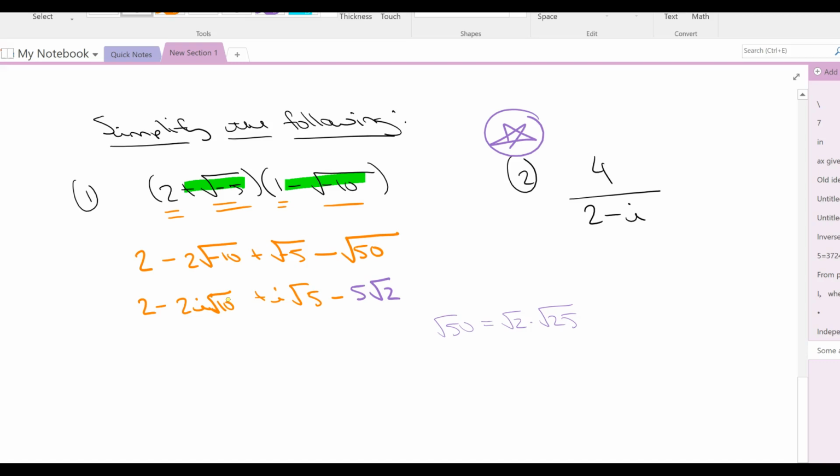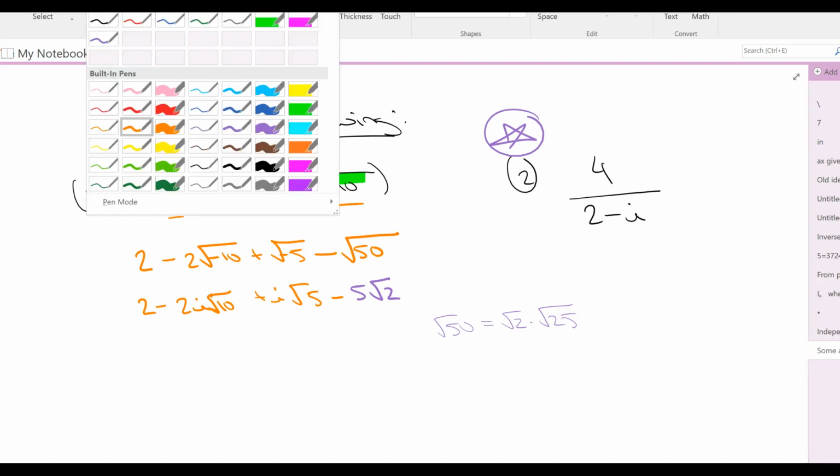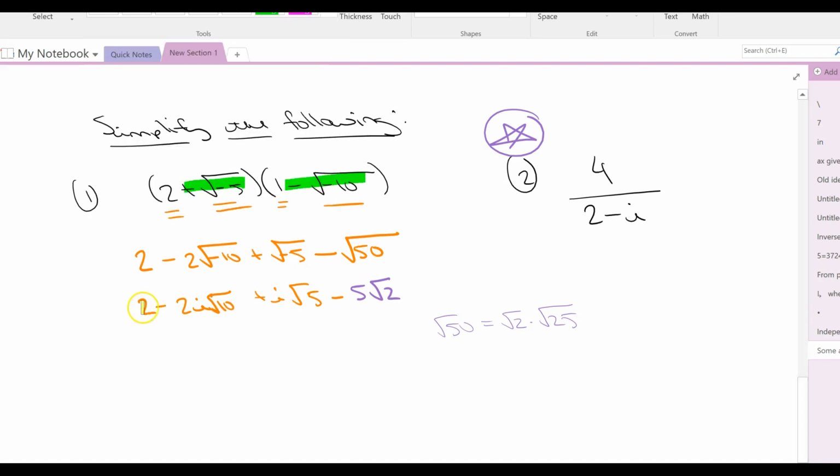Okay, let's take a look. Are there any like terms? Well, there are like terms, everyone, but here's where we're going to be a little bit fluid. 2 and the negative 5 root 2 are like terms in that they are real. So I'm going to combine them as best I can, and really combining them just means writing them like this.